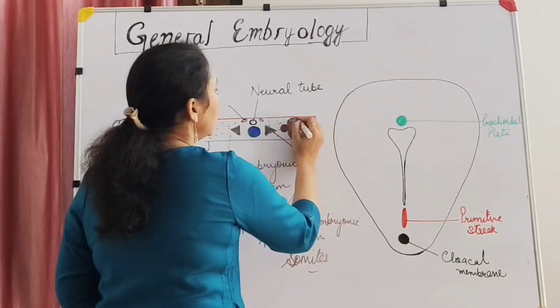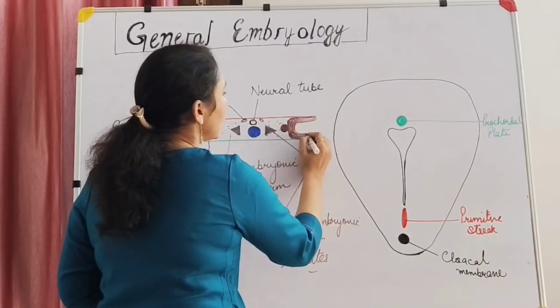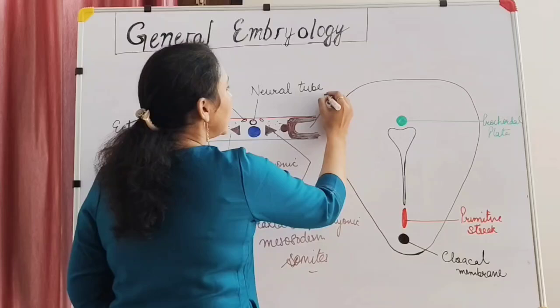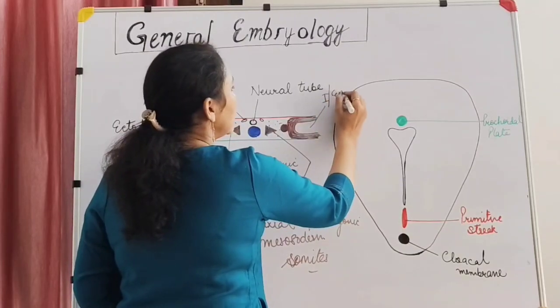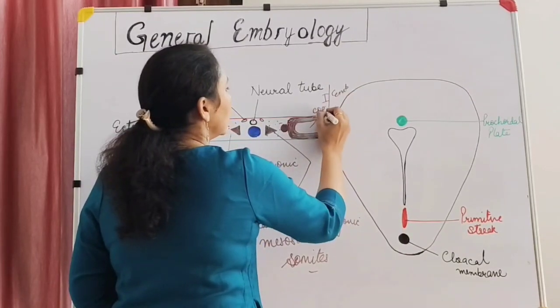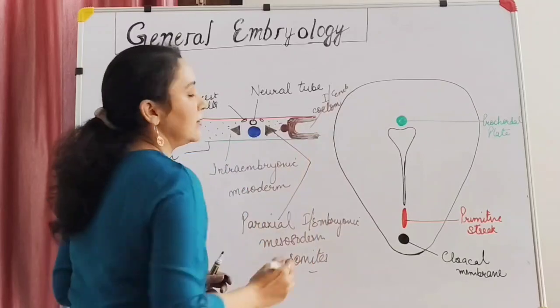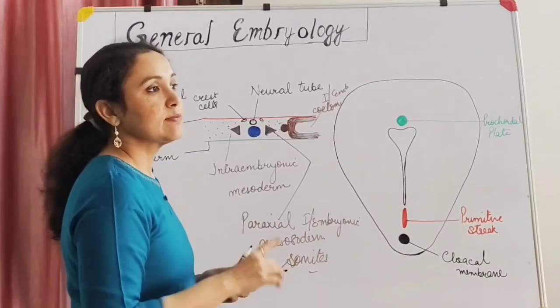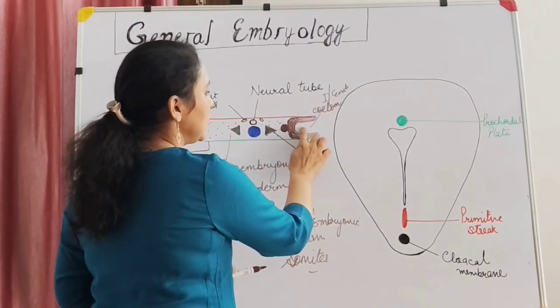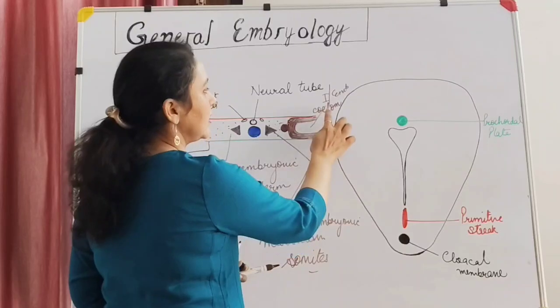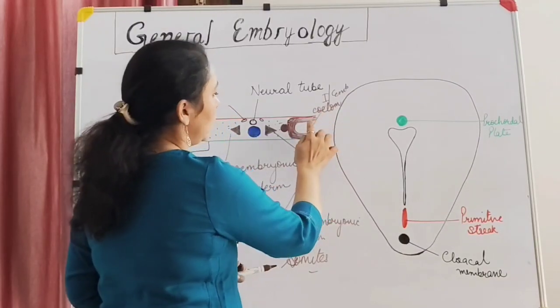The cavity that has formed is known as the intraembryonic coelom. Coelom means cavity, right? So we will say small cavities appear in the lateral plate mesoderm which coalesce to form a bigger one, that is known as the intraembryonic coelom.